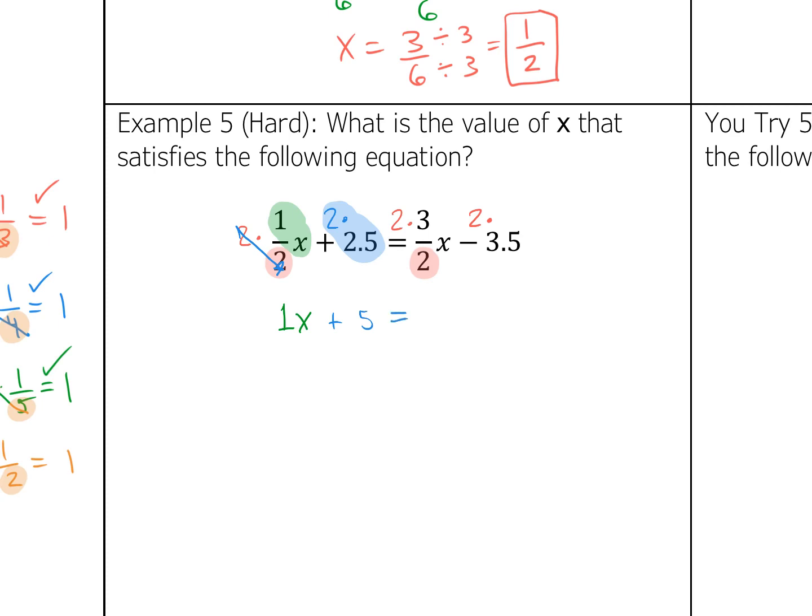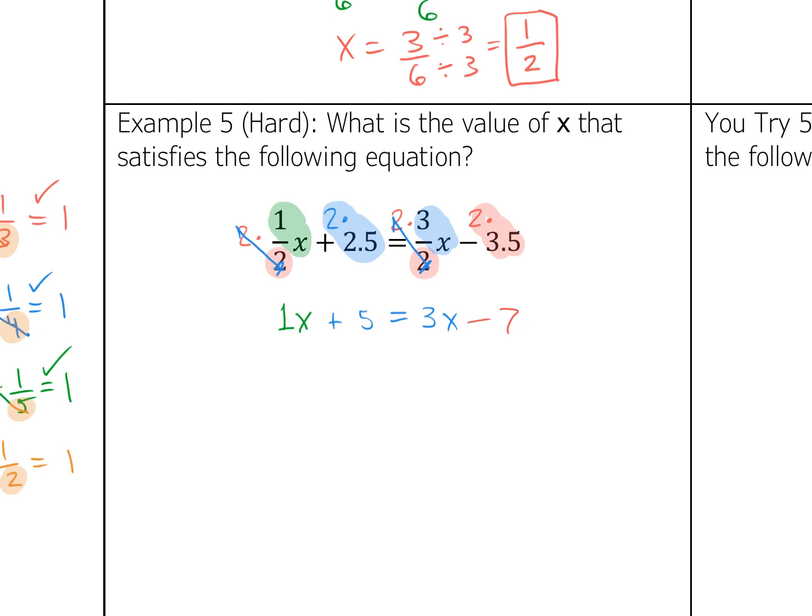And then same thing, 2 times 3 divided by 2. These two form a 1. So what I'm left with is that 3. So I'm going to write 3x, because it's that 3x that's left over. Then I'm bringing down that minus sign. And then I know that 2 times 3.5 is really just a 7.